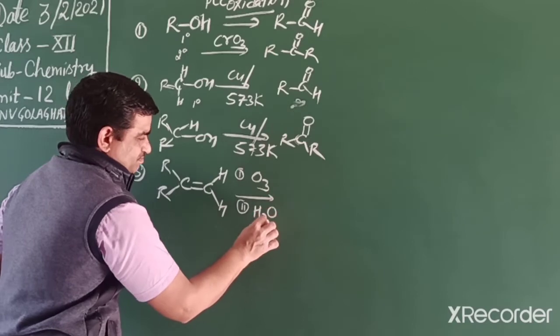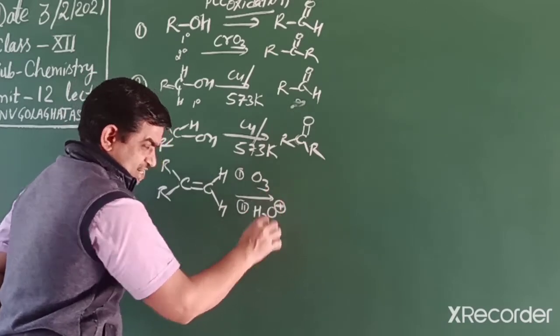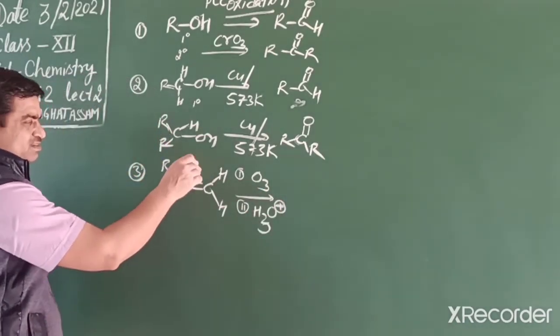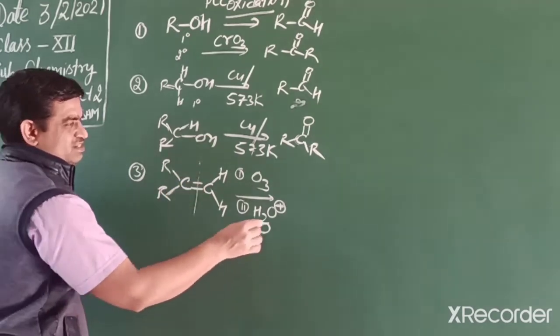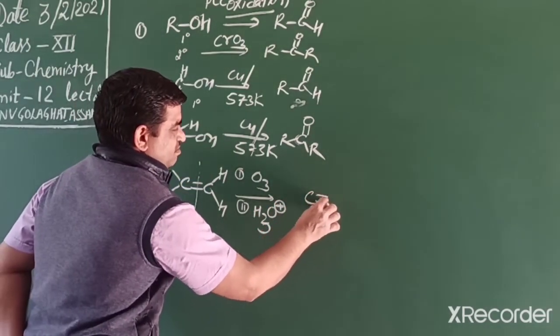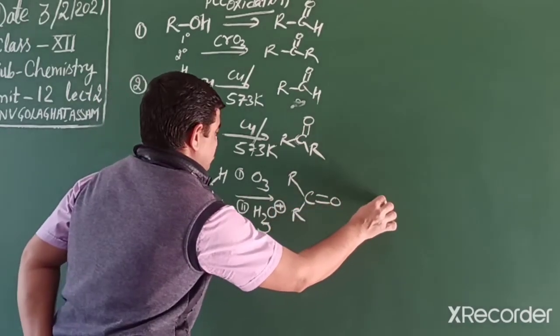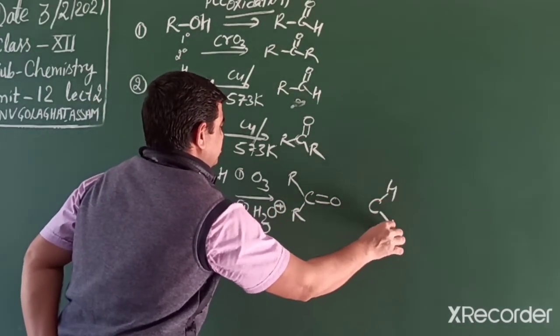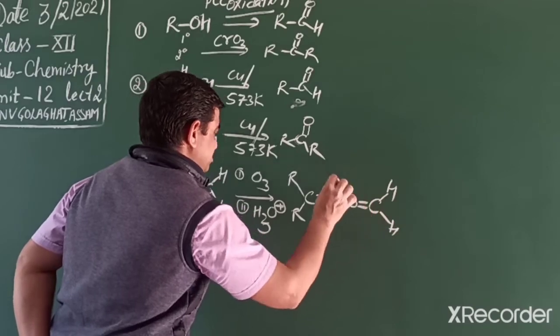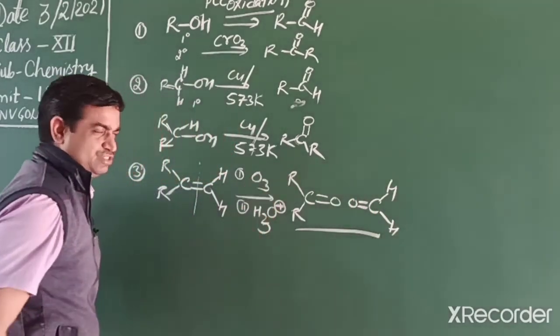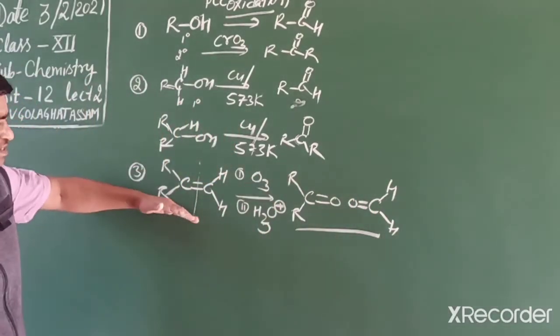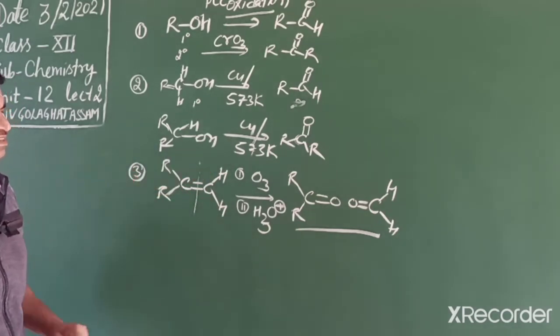In this hydrolysis the double bond dissociates. Ultimately the product depends on alkene substitution. So we can get aldehyde as well as ketone or both, a mixed product, as per the structure of the alkene. So this reaction is very important.